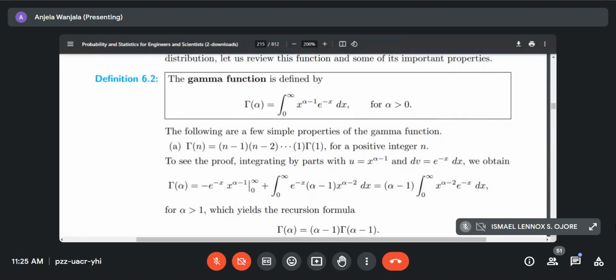Now, when it comes to service at the counter, you are asking yourself the average number of customers per unit of time, or in most cases, how much time per customer? How much time did you take serving a customer? The question you're asking is continuous, and therefore you would use the exponential distribution.